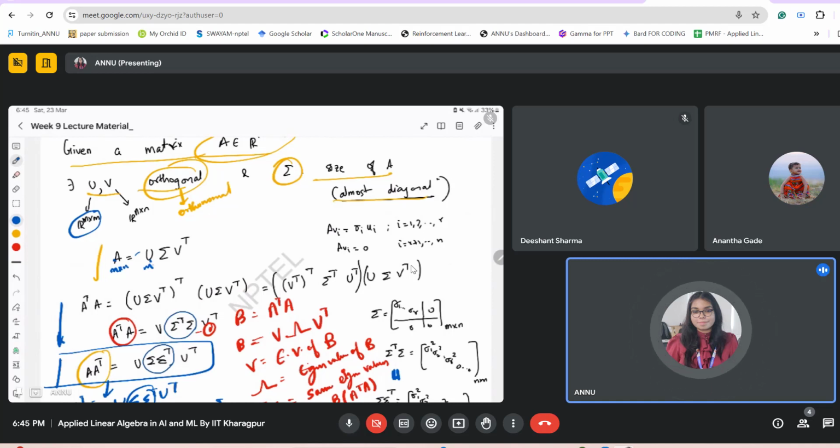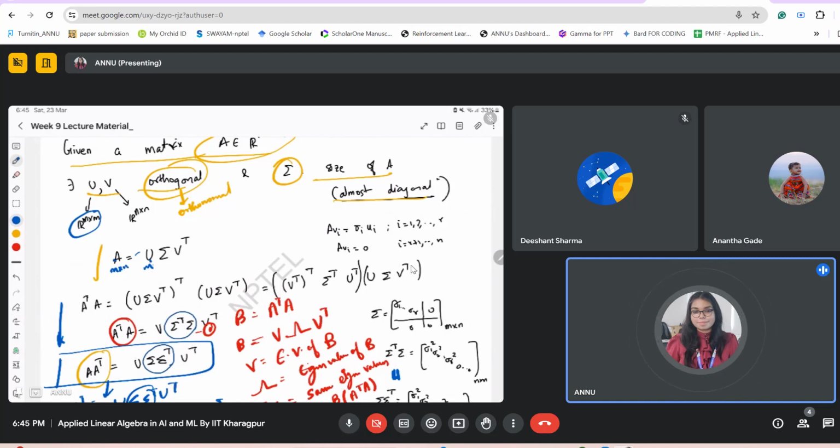So one of the main reasons we are doing this is that we are converting the rectangular matrix in terms of square matrices, where we can find the inverse of a matrix, we can find the adjoint of a matrix. Otherwise, rectangular matrices don't have the properties to have an inverse, to have solutions.